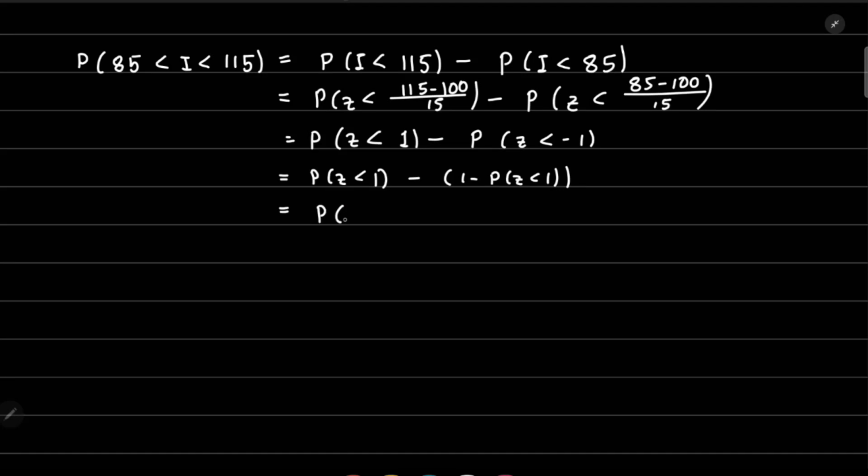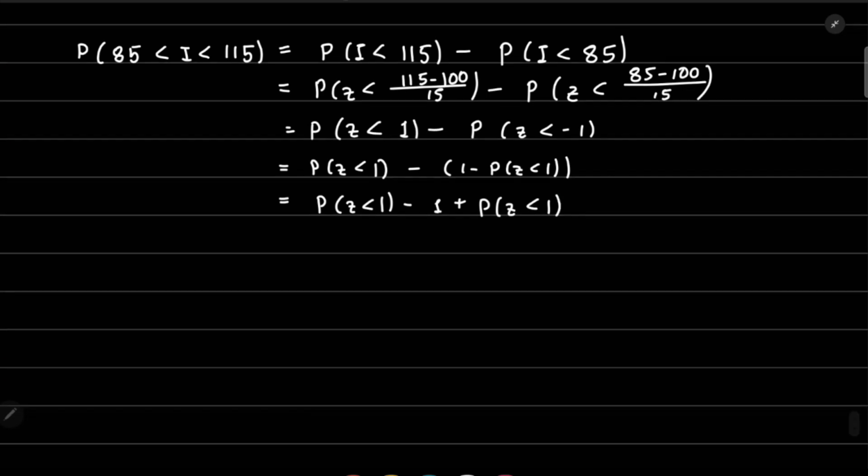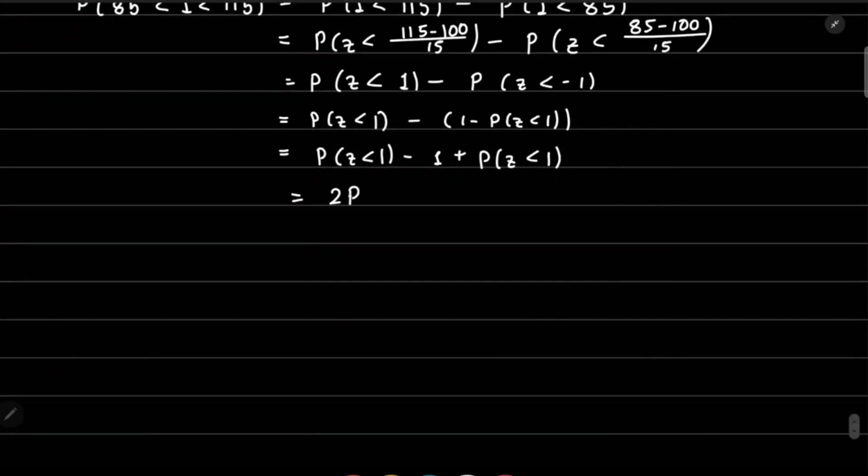We get probability of Z less than 1 plus probability of Z less than 1. This is basically 2 times the probability of Z less than 1, minus 1.